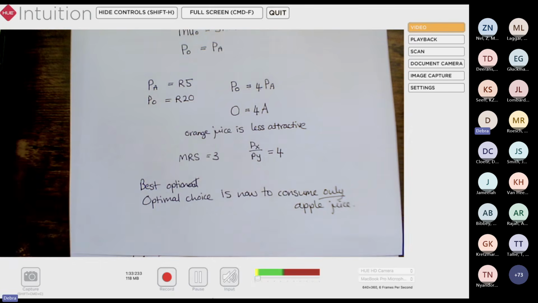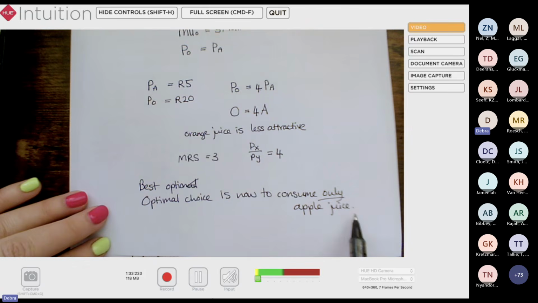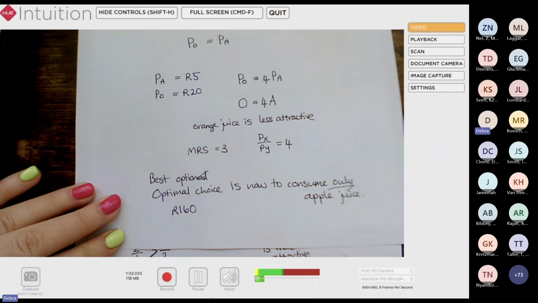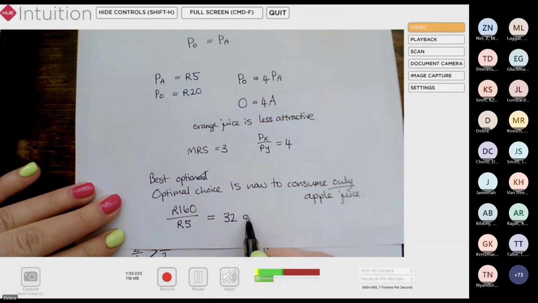Now when I only consume apple juice, it means I have 160 Rand to spend, and I'm going to spend it only on apple juice, which costs 5 Rand. And so I'm now going to consume 32 cups of apple juice and no orange juice.